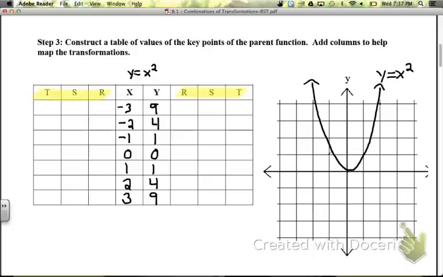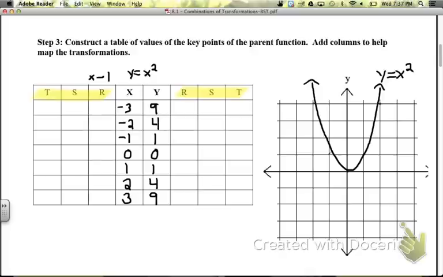Now recall from our horizontal reflection lesson, horizontal reflections affect the x value, and therefore we're going to multiply our x's by negative 1. Our next thing is that we're going to go left 2 units. Again, when we move left or right, that is going to affect our x values, and that is a translation.